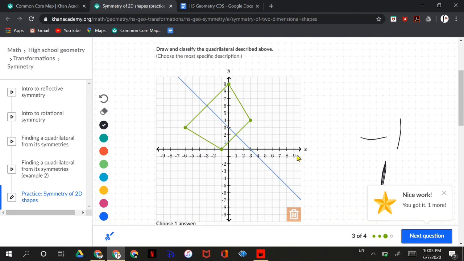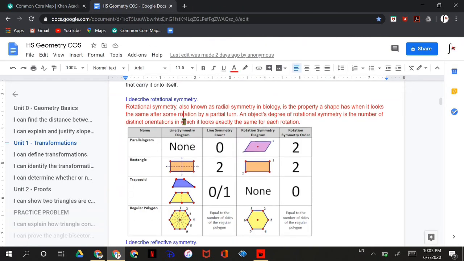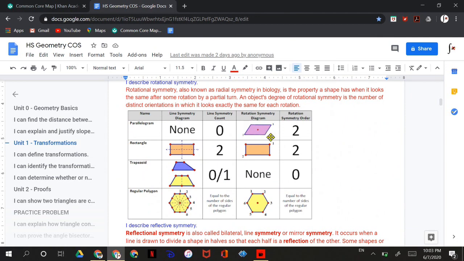Great job. We've gotten a decent amount of stuff done in today's class. So, rotation symmetry is the number of times you can map a shape onto itself by rotating it by a maximum of 360 degrees. For example, this shape you can rotate by 180 degrees and 360 degrees, and so the rotation symmetry is only 2. And then the lines of reflection are the number of lines you can reflect over.